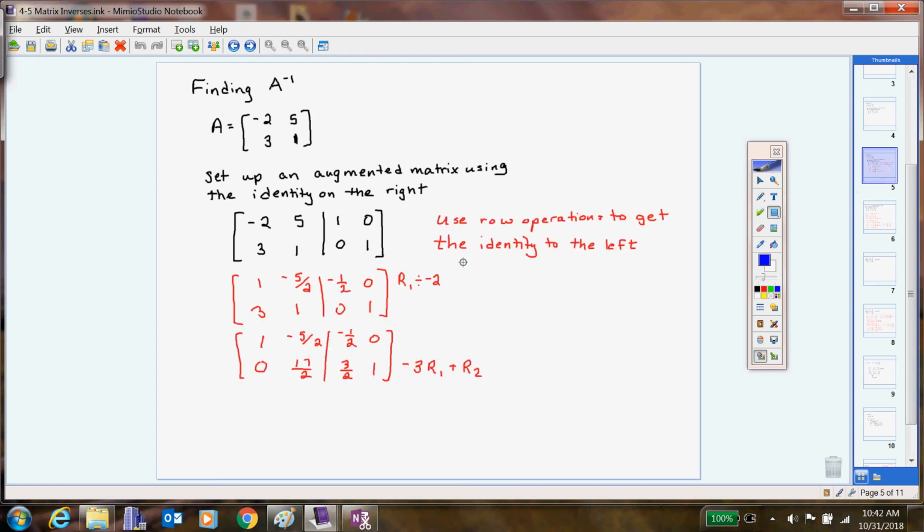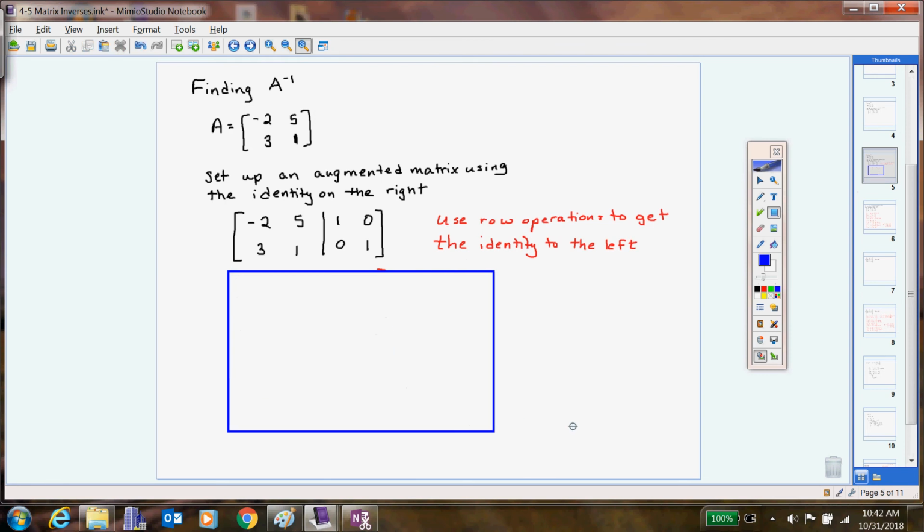So, row operations. We're going to use row operations to move the identity to the left. In order to have an identity over here, we need to make this one into a 1, this one into a 0, this one into a 0, and this one into a 1. So we have to go through a similar process to what we did when we were trying to get into echelon form.